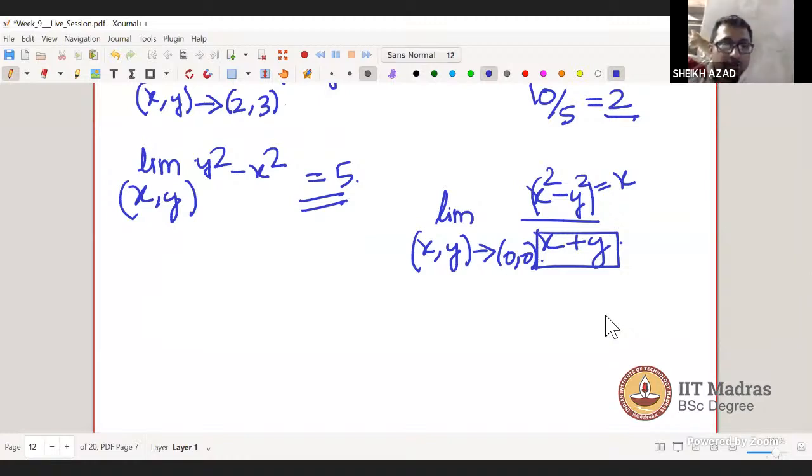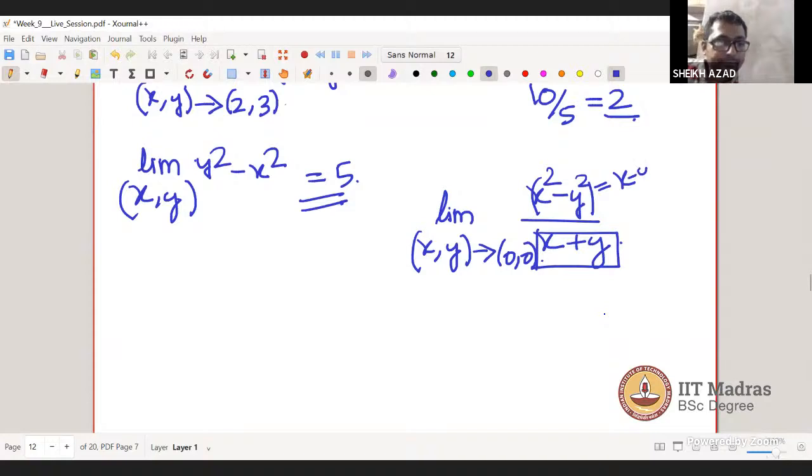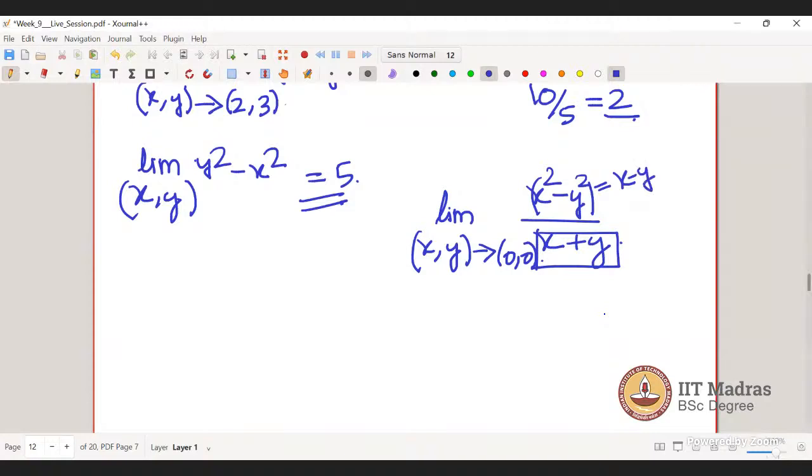No. There is an L'Hopital rule in the case of two variables, but that is slightly complicated. You can apply L'Hopital rule once you convert a function of two variables to one variable. Otherwise, you cannot apply the L'Hopital rule given for a function of one variable.